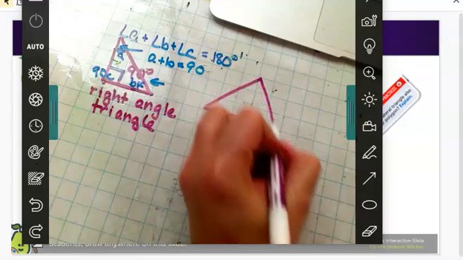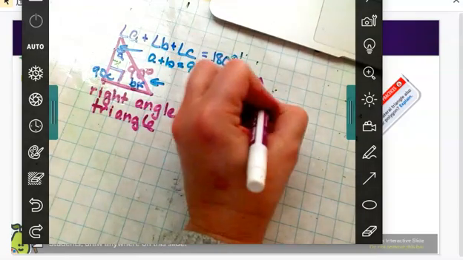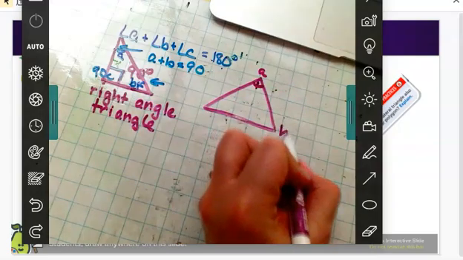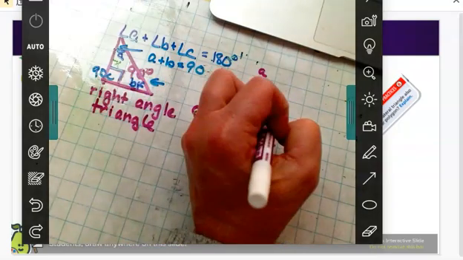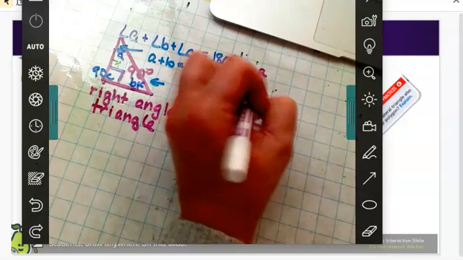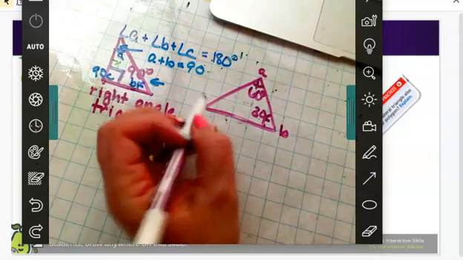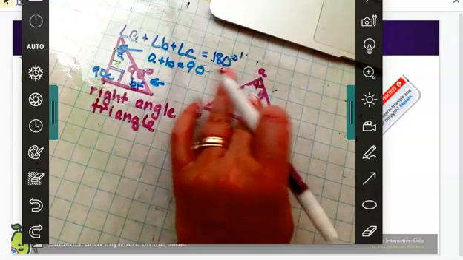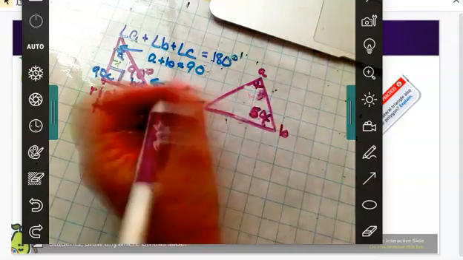But what about those cute little angles? All right, so that is going to be, we'll make that A is less than 90, B, and C. So let's say this one was 30 degrees. This one was 60 degrees. Oh, that can't be true because it has to add up to 180, right? So let's say this one's 50 degrees.